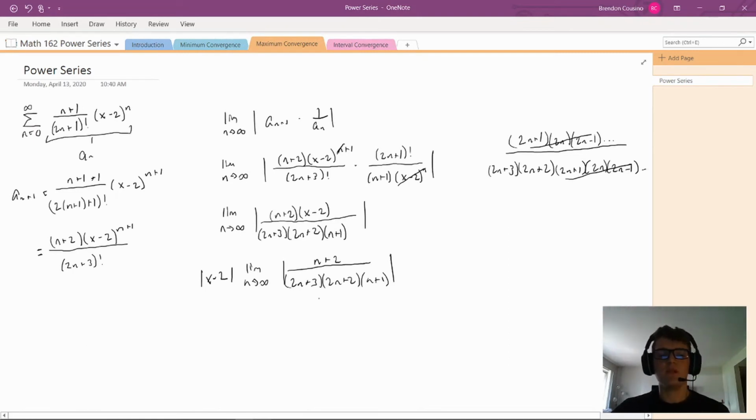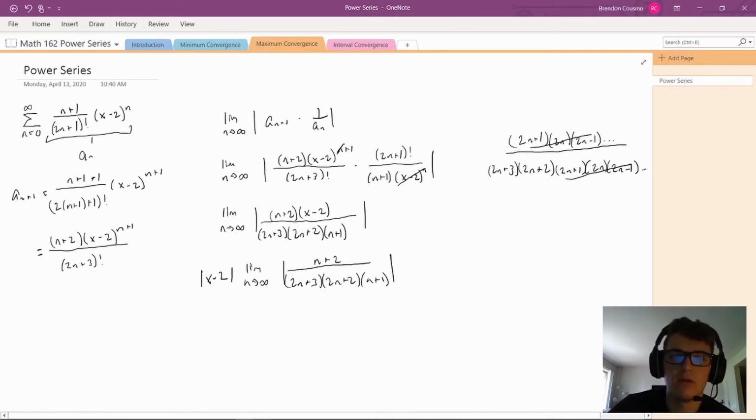Okay, so we can actually go through and evaluate this limit now. In my numerator, I have a highest power of n to the power of 1. In the denominator, I have these three pieces being multiplied by each other, and each one of them has an n in it. So that tells me my power in the denominator is going to be n to the third.